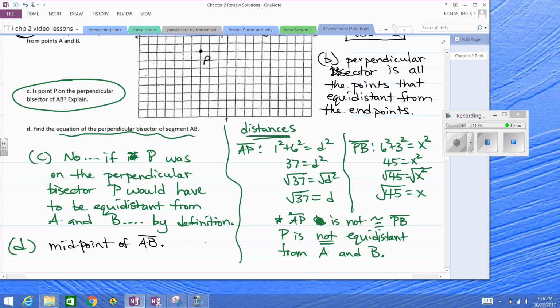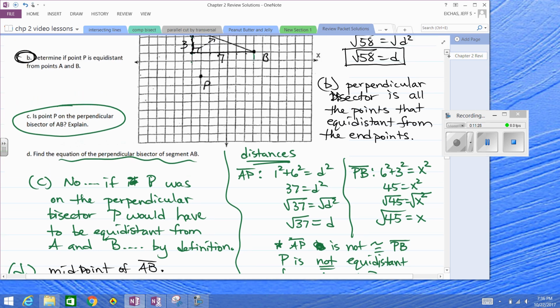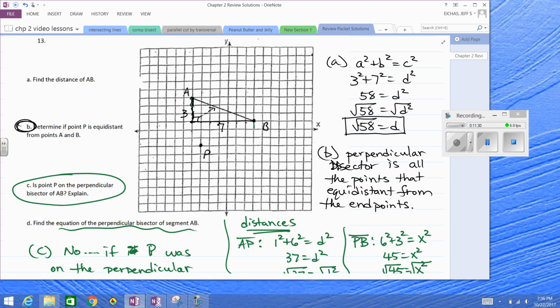That's not going to be easy. It's going to be a decimal, I think, because these are odd numbers. So if the rise is 3 and the run is 7, for the middle of that you're going to have to go 1.5, right? Half of 3 is 1.5. Half of 7 is 3.5. So it's going to fall right there.